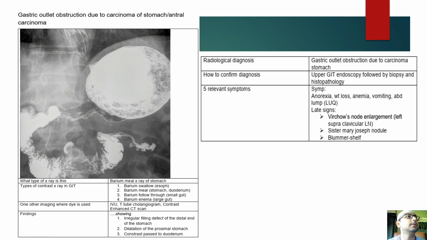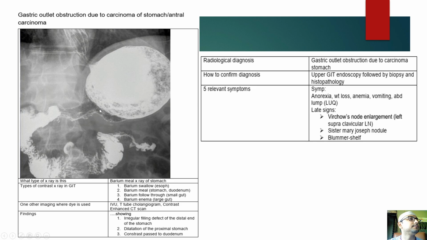Here is gastric outlet obstruction due to carcinoma of the stomach. Here you can see this is the rounded area, this is the stomach, right? And the end of the stomach is irregular and there is something here.